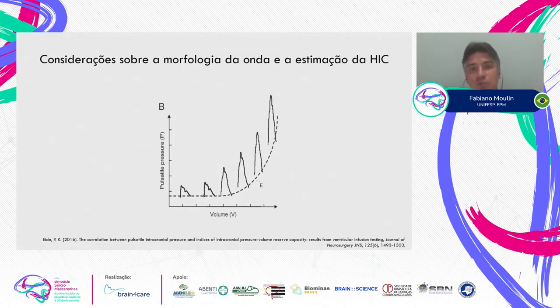We would already estimate that the accuracy of wave morphology, including ICP and Brain4care, would not be perfect to estimate ICP, exactly because we know that wave morphology may be altered even before what we understand as ICP elevation, and it should also change if there is ICP present.